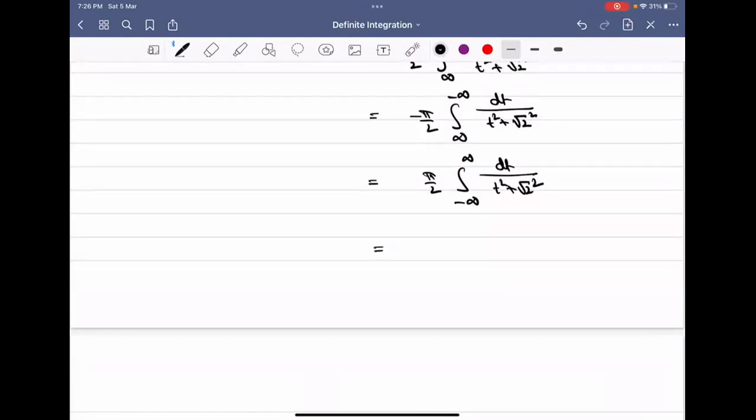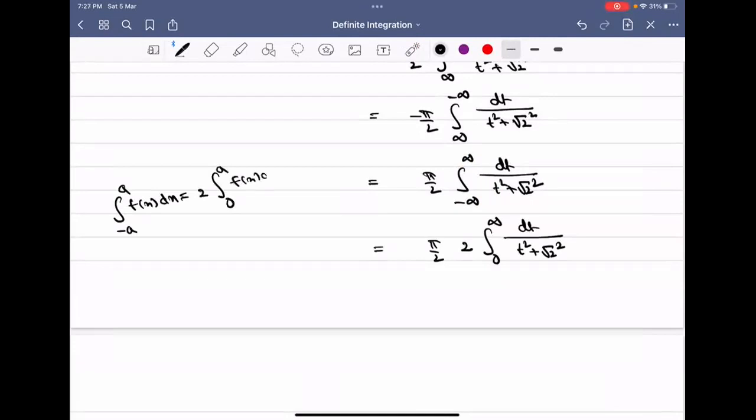So this can be written as pi by 2 times, therefore, 2 times integration of 0 to infinity dt over t square plus root 2 square, because integration of minus a to a f of x dx is equal to 2 times integration of 0 to a f of x dx if f of x is an even function.